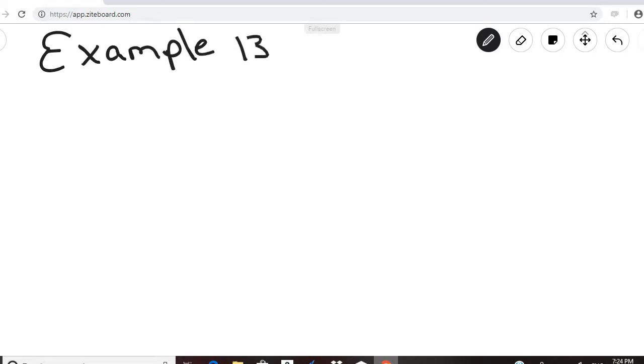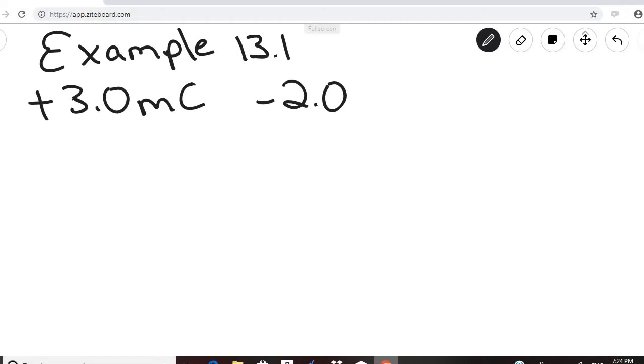Example 13.1 tells us that you have a positive 3.0 millicoulomb charge, and the other particle is a negative 2.0 millicoulomb charge, and these two particles are 2.2 meters apart.